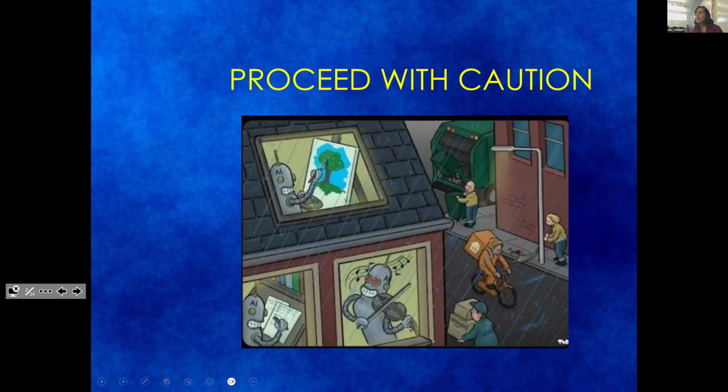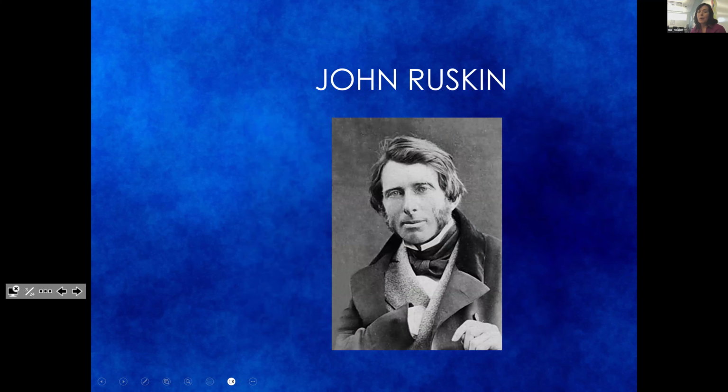Let's start by looking at 2 polymaths who contributed to education that serves the whole student. Of course, we can think of many others. I think of Leonardo da Vinci, Goethe. They both contributed to science, math, and art, and these were humans and they were not machines. Our first person was John Ruskin, and the reason is that he was a polymath, a person with wide-ranging knowledge and learning.